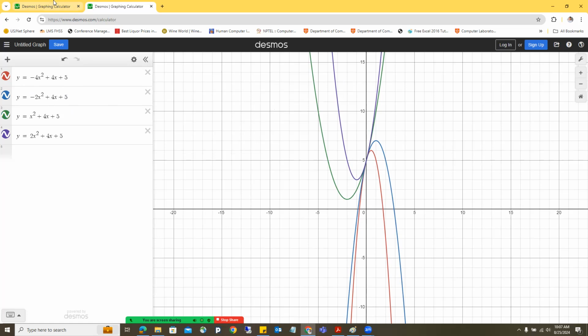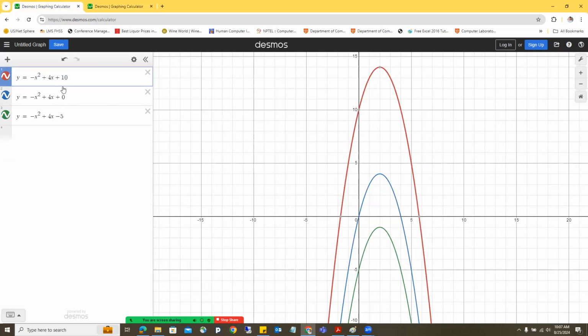But it was not like that for the previous one. For the previous one, we just changed the c value. The rest, the a term, I mean the x squared term, and the x term remained the same. So when we change the constant, the entire function will be shifted up or down accordingly.